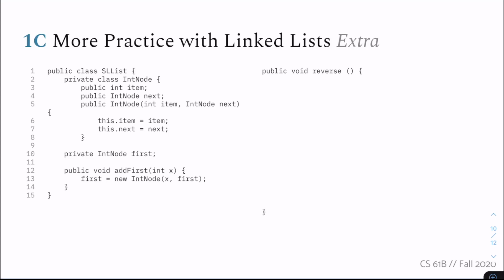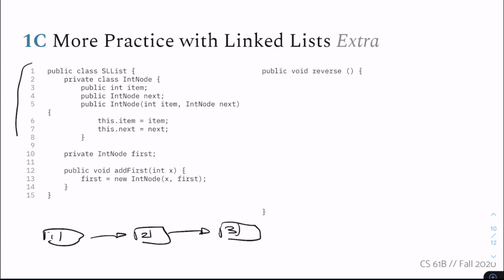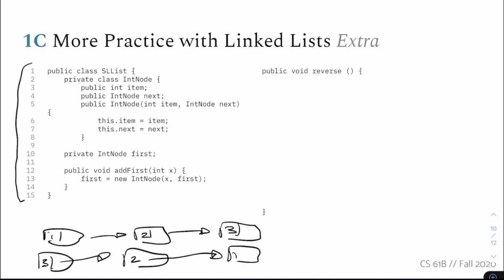So basically, if I have 1, 2, 3, this is going to destructively alter our SLList to instead be 3, 2, 1.